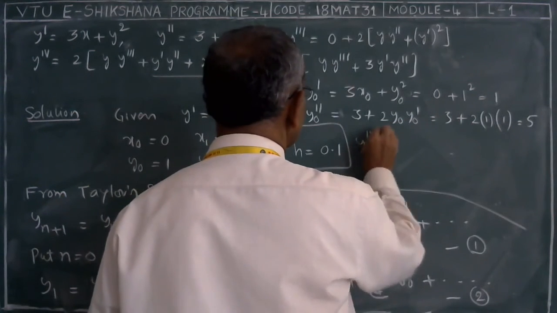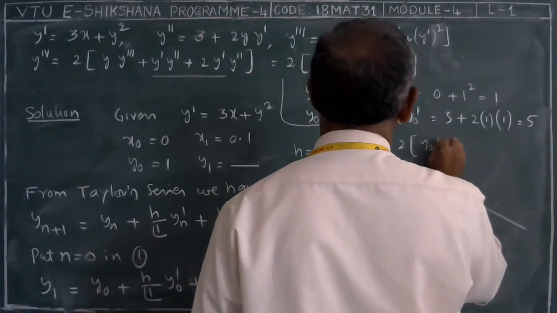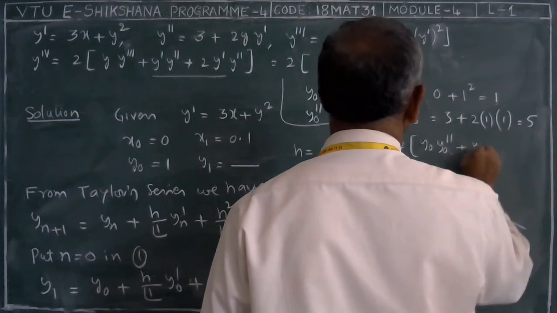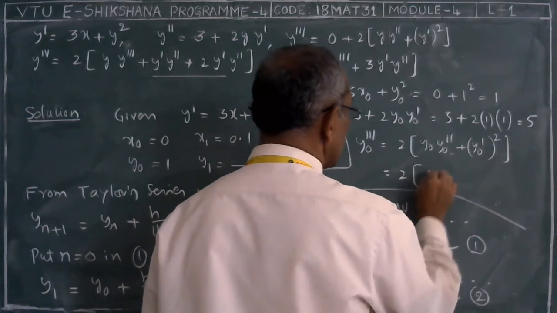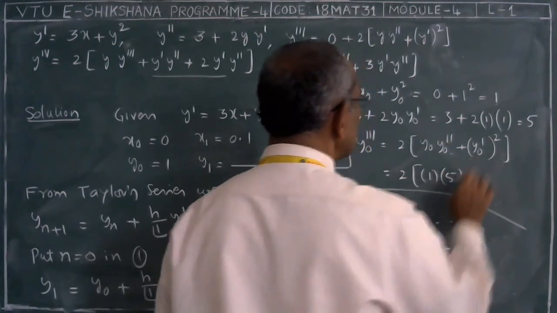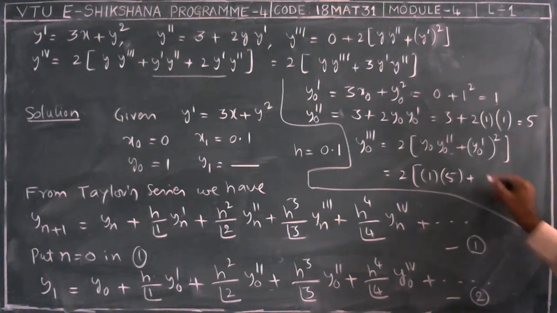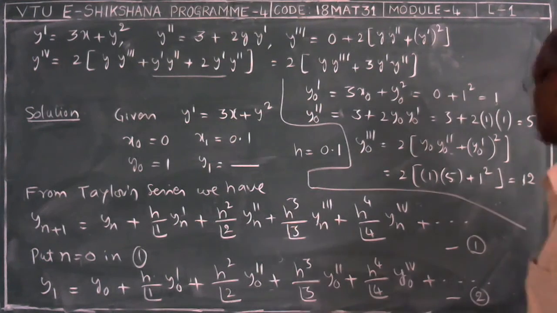Then y naught triple dash is 2 into y naught into y naught double dash plus y naught dash whole square. So this is 2 into 1 into 5, plus 1 square. If you compute this, y naught triple dash, you get 12. So use calculators to calculate these values, this 12.